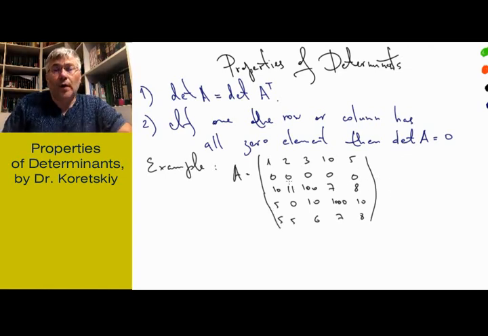If you identify one of the rows as 0, you can put down the answer. The determinant of such matrix is 0.